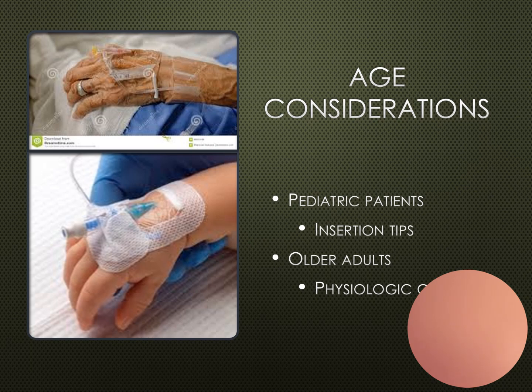As far as the dressing, we try to use that transparent dressing, and it also will help aid in stabilizing the cannula and decrease accidental dislodgement of the cannula. It also minimizes the use of tape on fragile skin.